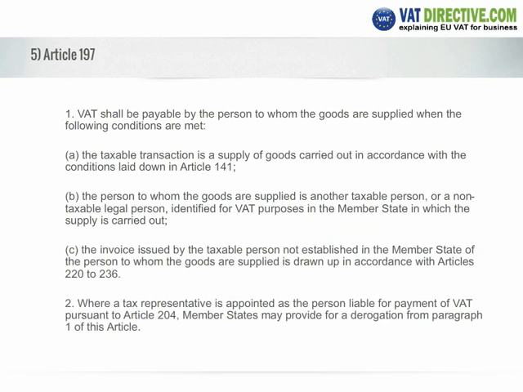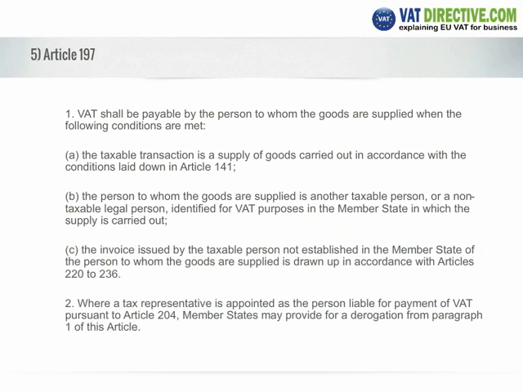And C, the invoice is issued by the taxable person not established in the member state of the person to whom the goods are supplied, and that must be drawn up in accordance with Articles 220 to 236. So essentially the invoice raised by the UK company to the French company must be in accordance with Articles 220 to 236. So they're essentially the conditions.